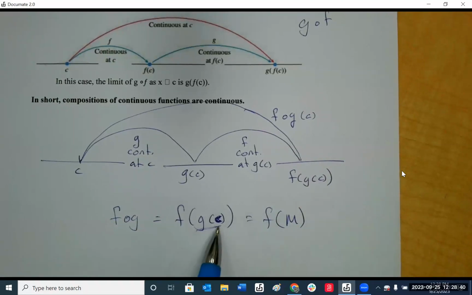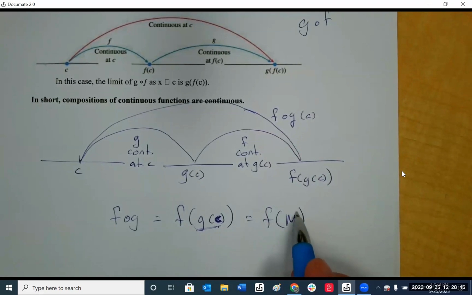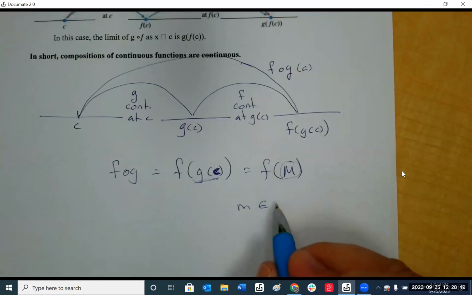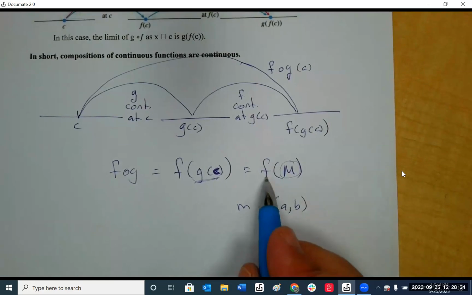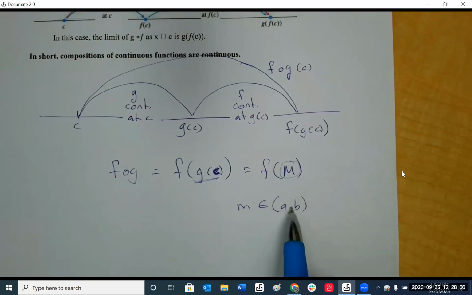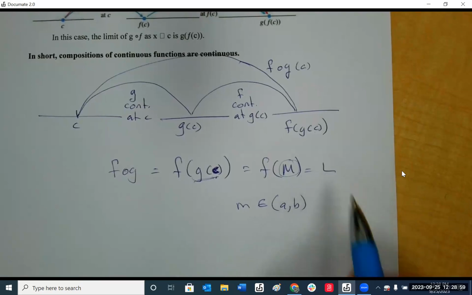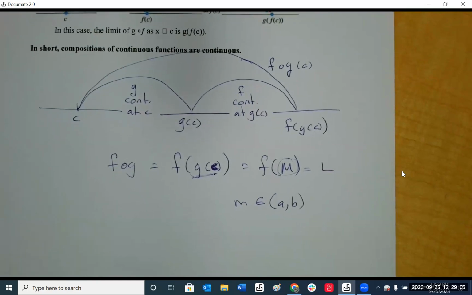Since g is continuous, this M has to be in the interval (a, b) for the function f. Since it's an element in there, it's defined, and it equals some value L. So the value of g of c inside f is the same value that we get there.